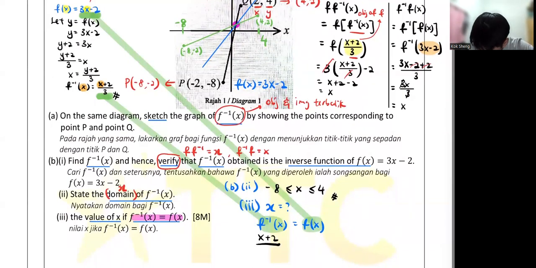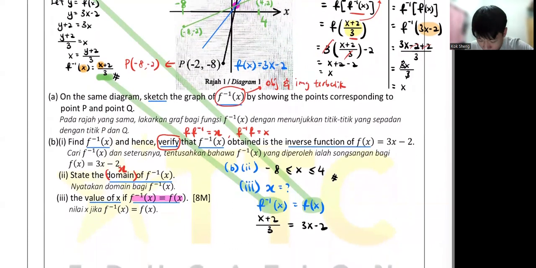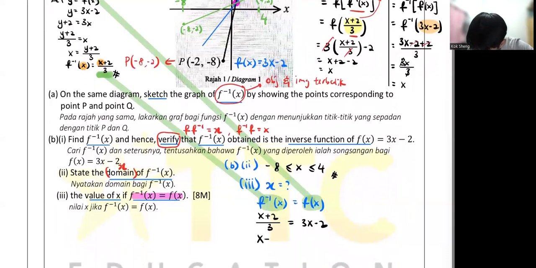X plus 2 over 3 equals to 3x minus 2. Okay, so you can get a final answer. From the left side, the fraction 3, bring over. Okay, continue. Open the bracket.